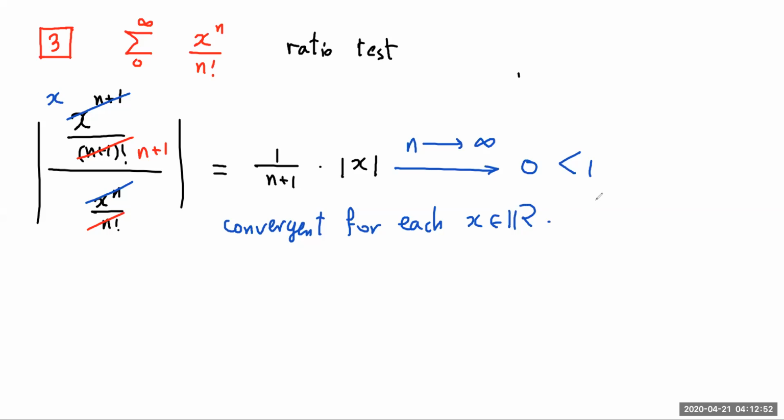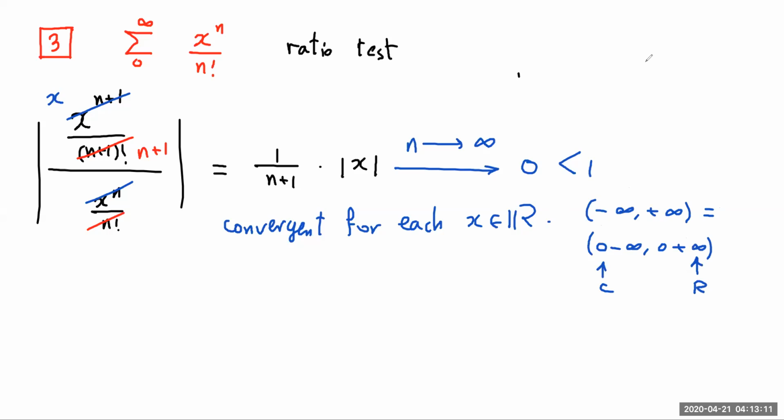So the radius of convergence is infinity, and you can write this interval as 0 minus infinity, 0 plus infinity. So C is 0 and infinity is R.